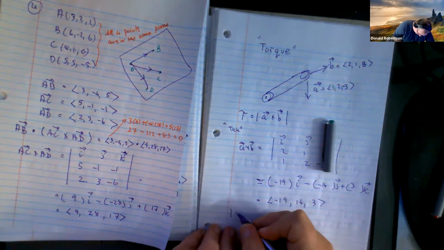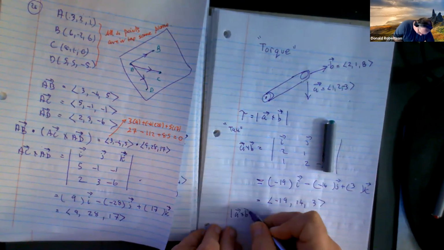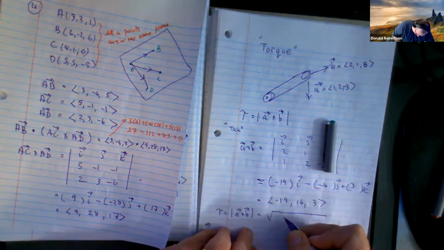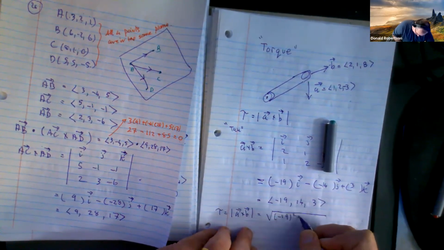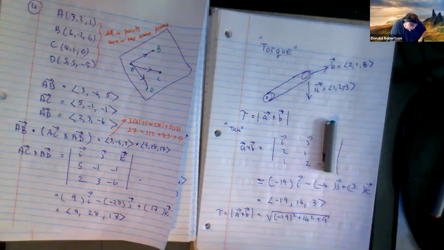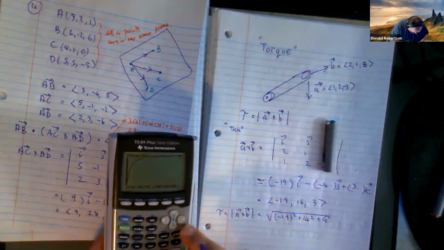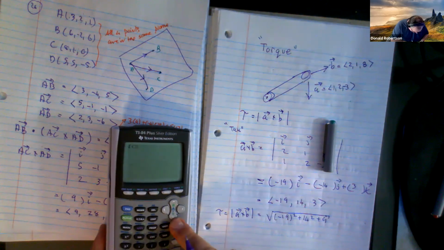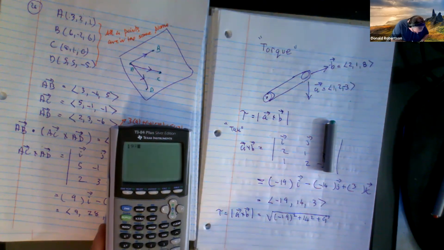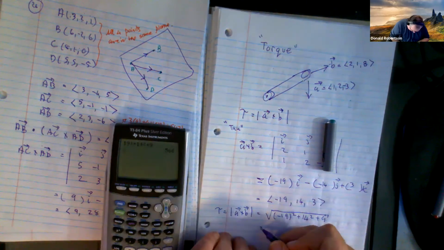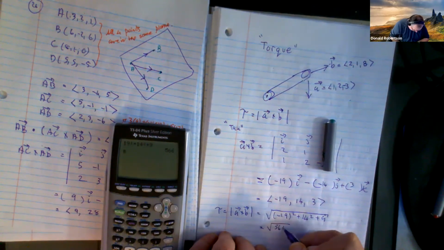And the magnitude of that vector, which is what the torque is, is the square root of -19 squared plus 14 squared plus 9. And that's going to be the square root. I won't do that. I'll do 19 squared. Add 14 squared. Add 9. And it's the square root of 566.